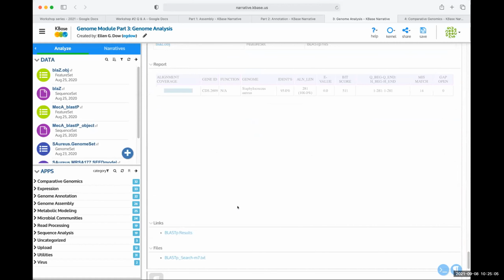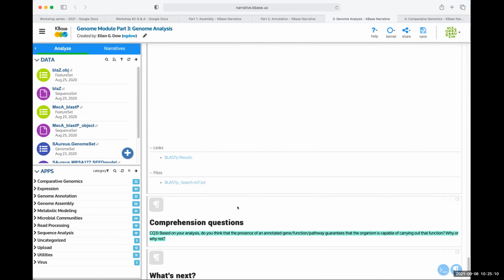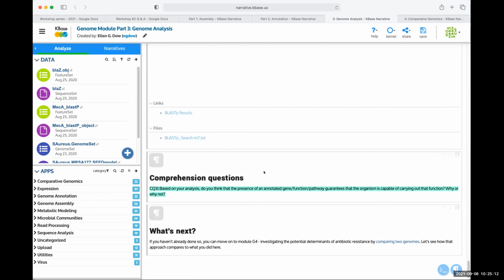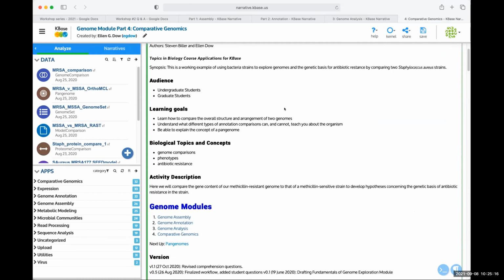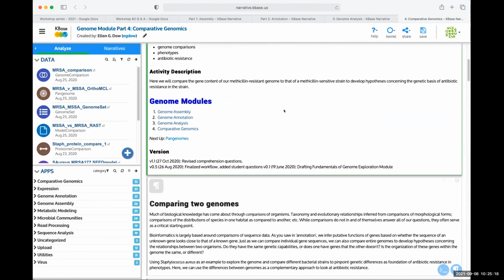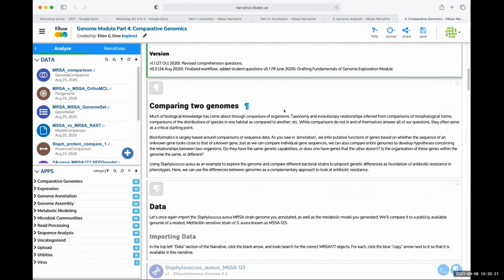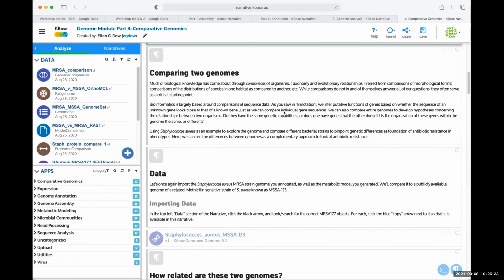So they get to see a couple of different approaches for how we would go about trying to do this. And the last part I'll just quickly go through is really thinking about more of a comparative approach. So the idea of, well, we can learn some things from one genome, but there's certainly a limitation to what we can do with annotation.